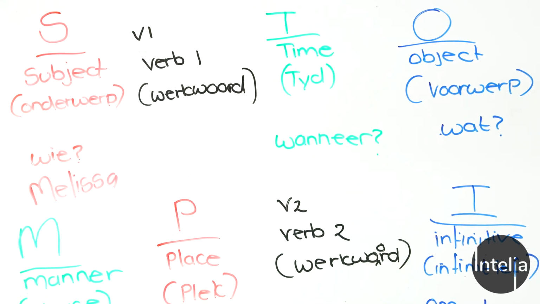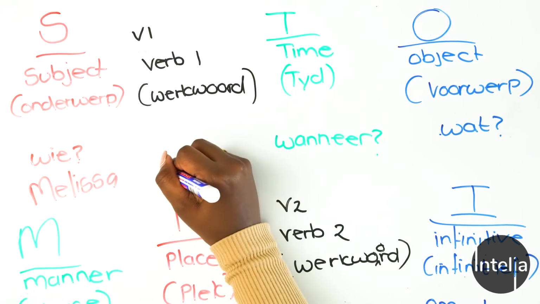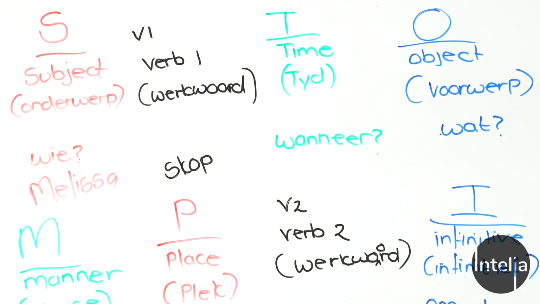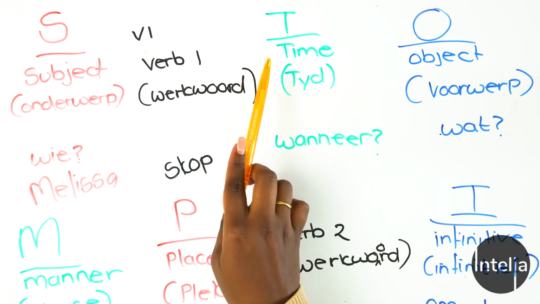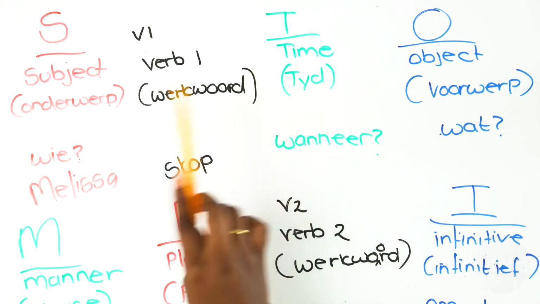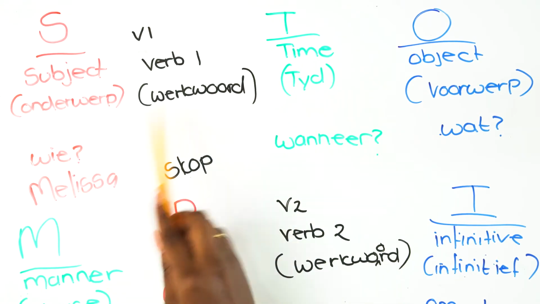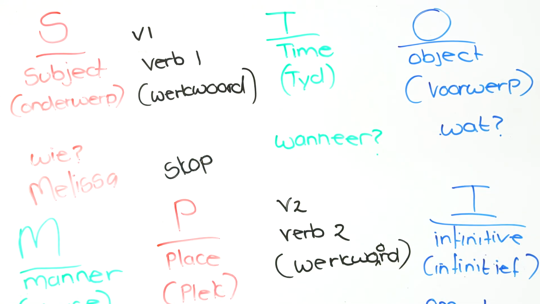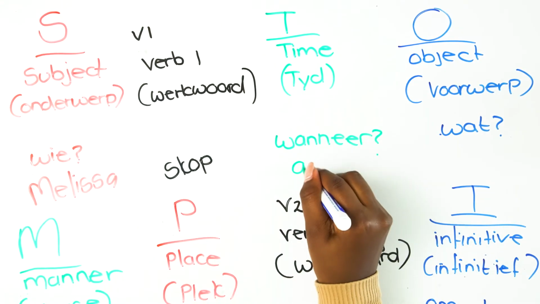Wat doen Melissa? Ons werkwoord, sy skop. Okay, skop would be an example of a first werkwoord. Then we move on to time, tyd. Tyd, wanneer. When? Melissa skop gister.